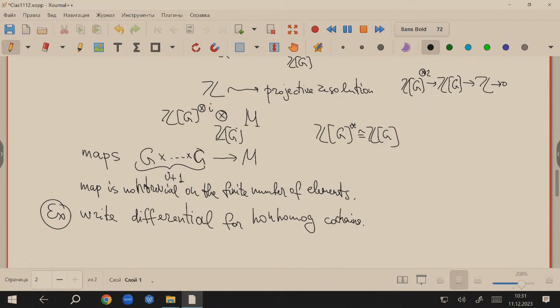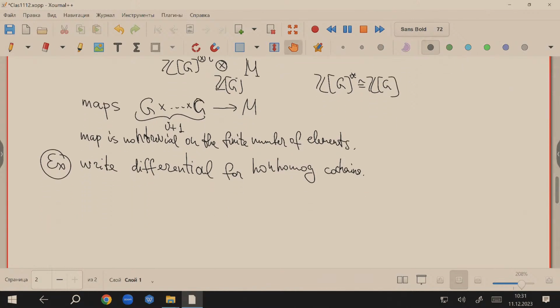That means that this condition of commuting with multiplication by ZG and with M can be rewritten. You can think of the tensor product simply as polylinear maps, and you can write the differential for this non-homogeneous cochain. I shall give you the formula for this differential.